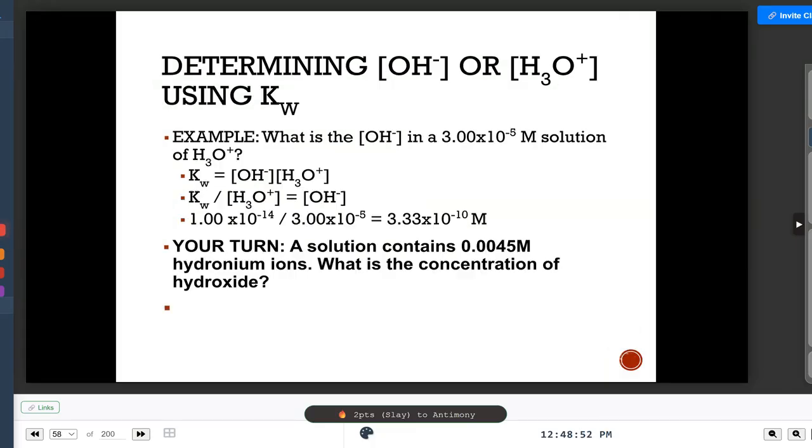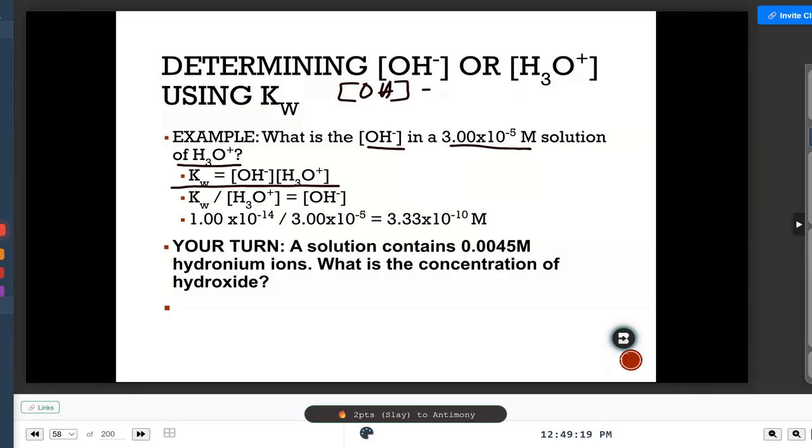Okay. So let's look at how we would solve a problem. This is basically a GEMS problem, right? We have a formula that we've learned. We have givens. What is the hydroxide ion concentration in a 3.00 times 10 to the negative 5th molar solution of hydronium ions? Okay, so what are our givens? We have hydroxide, and you just write it out like this.